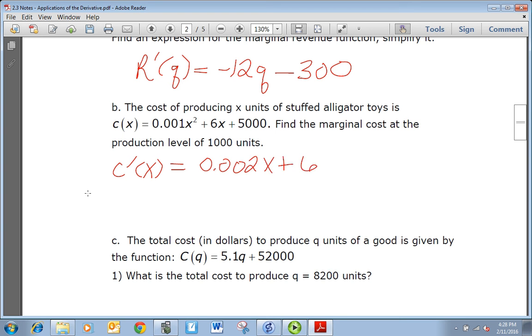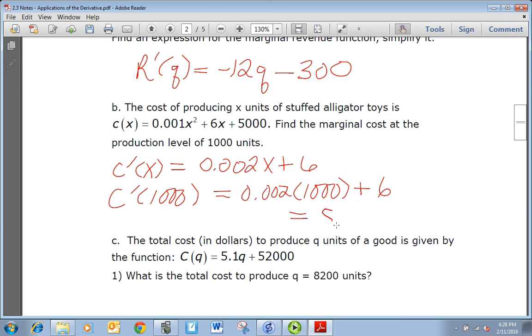And at 1,000 units, we just need to plug 1,000 in for X, and we get 0.002 times 1,000 plus 6. Well, 1,000 times 0.002 is just 2, and 2 plus 6 is 8. So that'll be the marginal cost at 1,000 units.